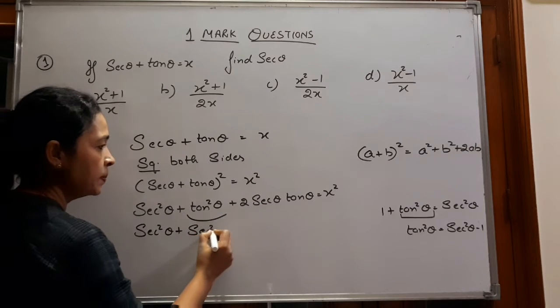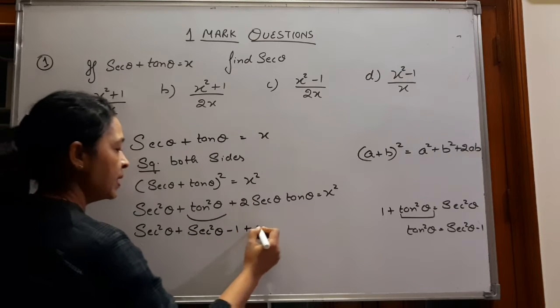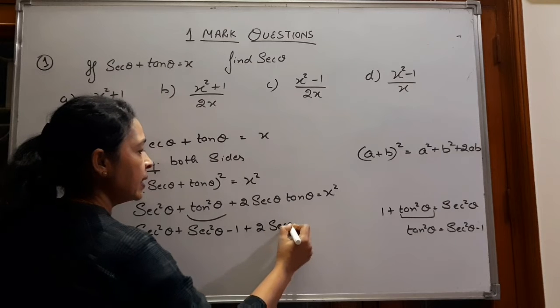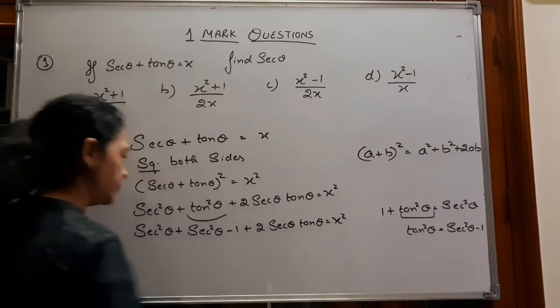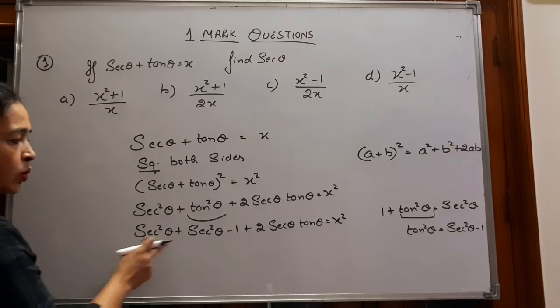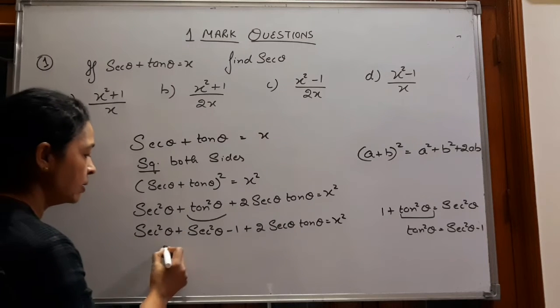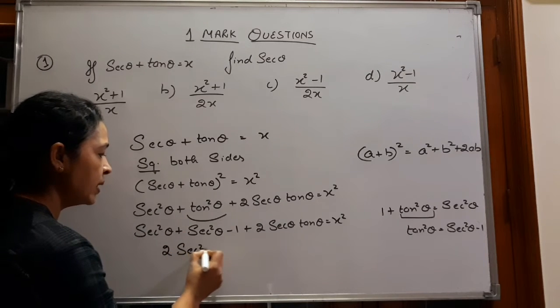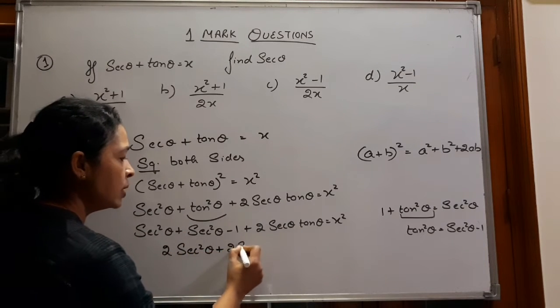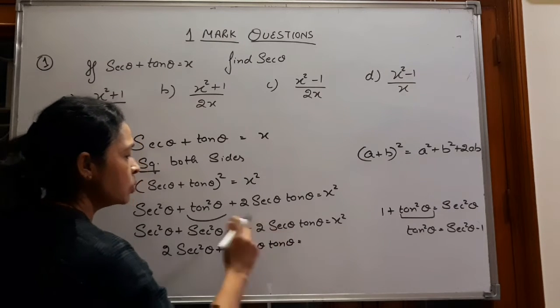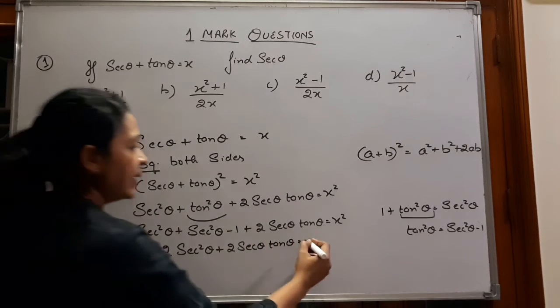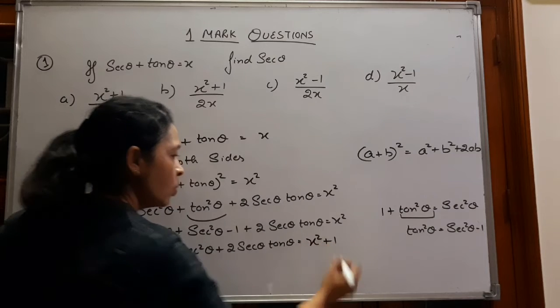Sec square theta minus 1 plus 2 sec theta tan theta equals x square. Sec square theta plus sec square theta, 2 sec square theta plus 2 sec theta tan theta equals, on the right hand side, x square plus 1.